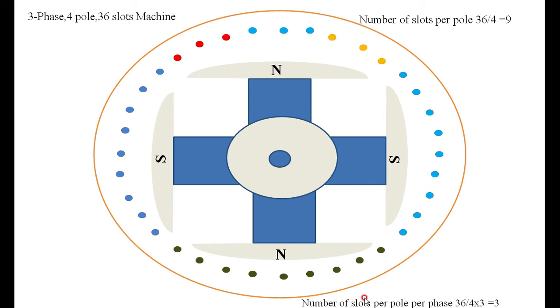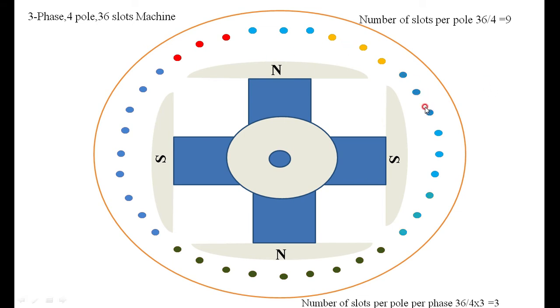I have the number of slots per pole per phase as 36 divided by 4 into 3, that is 3. That is 3 for R phase. Previously I had these 9 slots for this N pole. Out of these 9, the first 3 are for R, the next 3 are for B and the next 3 are for Y phase.